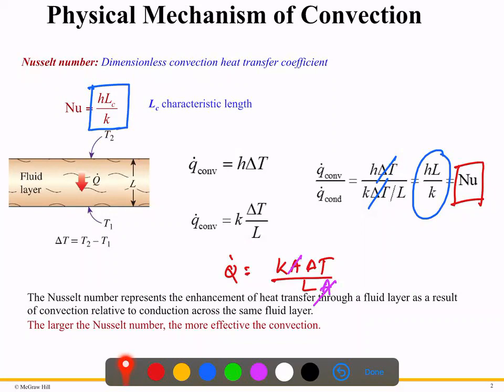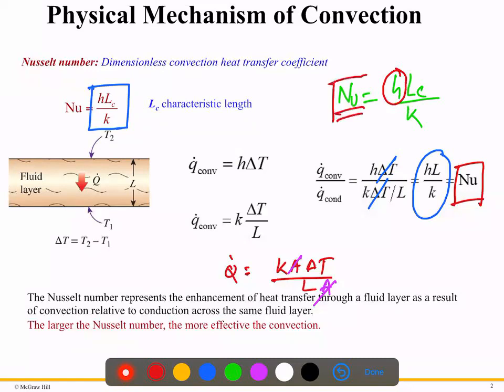We will use this definition again and again throughout the semester when we calculate the total rate of heat transfer or the convection heat transfer coefficient. So when we ask you to calculate the convection heat transfer coefficient, you can simply use the Nusselt number.